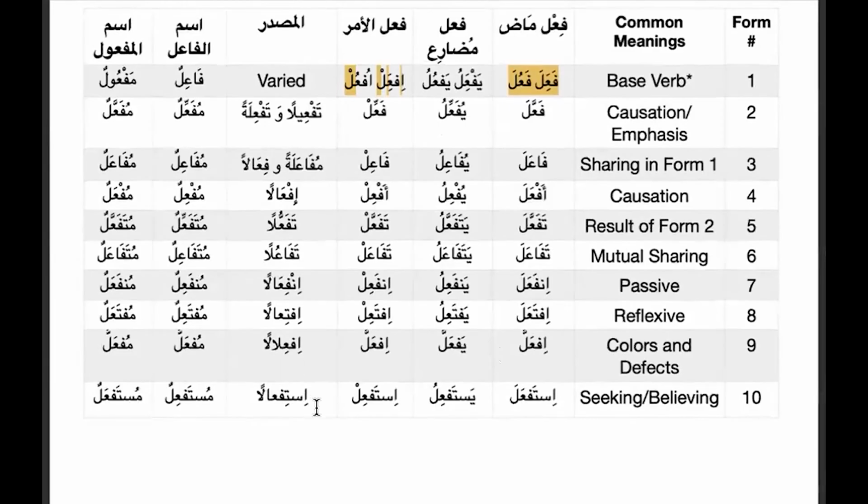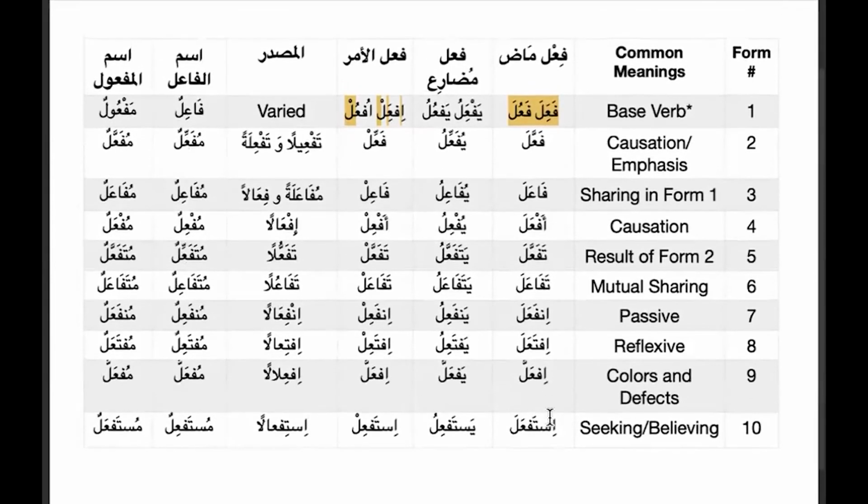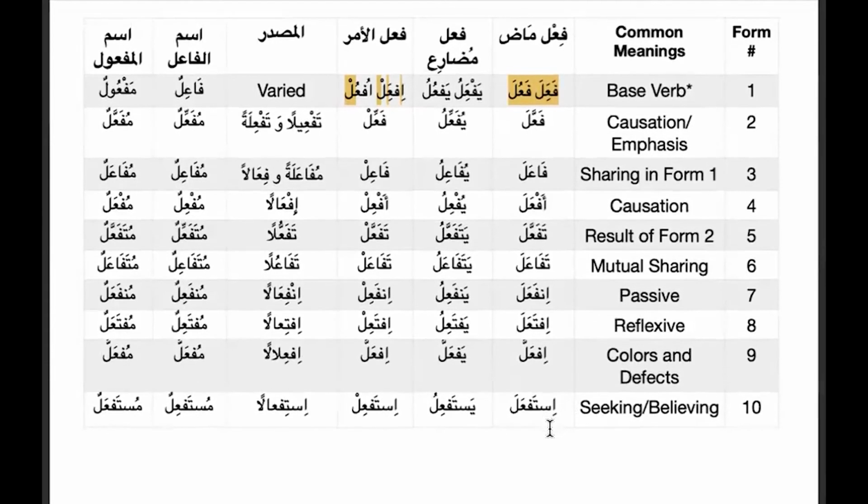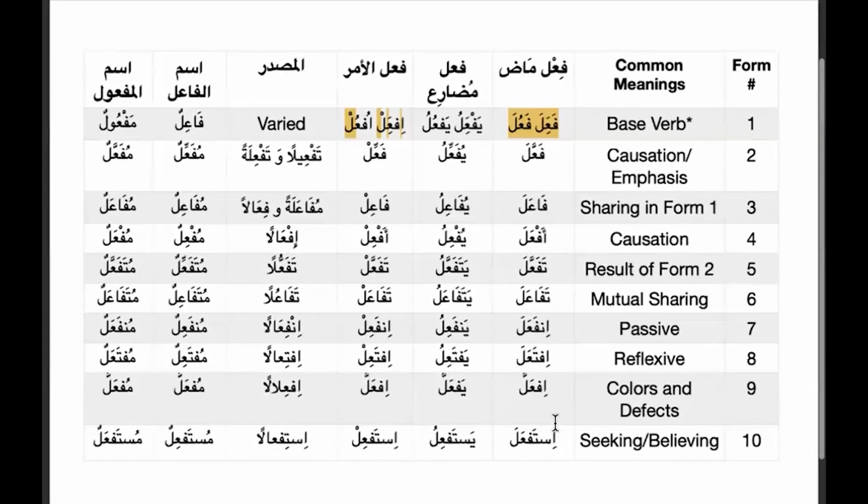Istighfar is seeking the ghufran, seeking the maghfirah. And so if I know that istaf'ala means seeking, and I know ghafara or ghufran or maghfirah means to forgive, then I can say, okay, this is seeking the forgiveness. This is how the forms work.